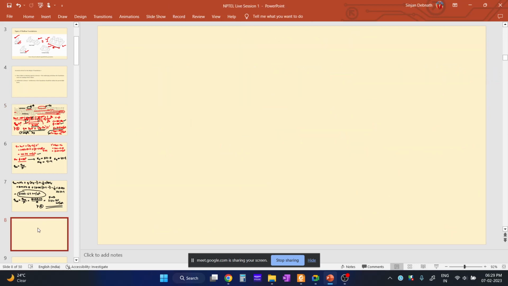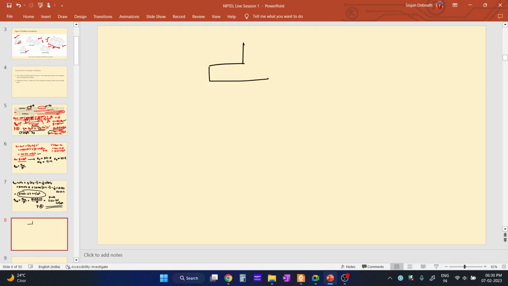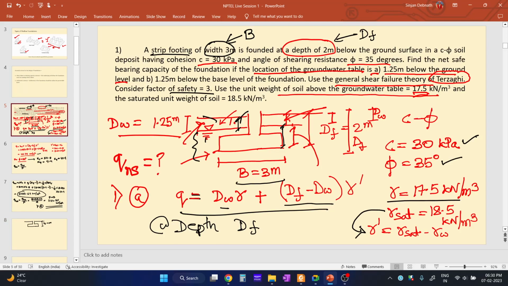So this one is your foundation. This one is Df equal to 2 meter, and the breadth is 3 meter.